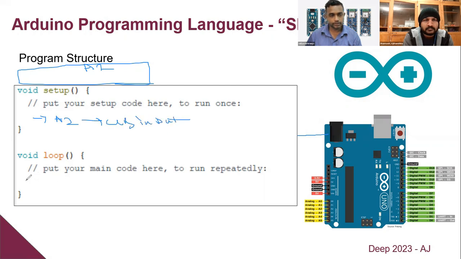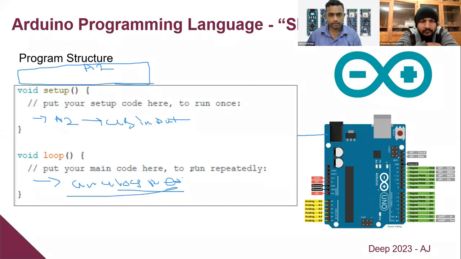Then we write our reading code here, which is analog read. We write it here because this code runs in a loop, and we need it to be running all the time, right?